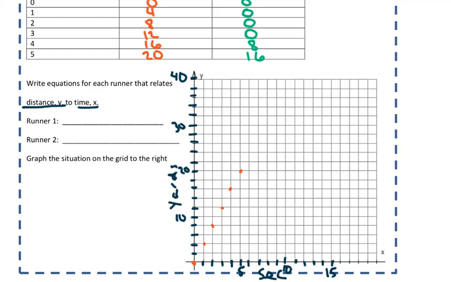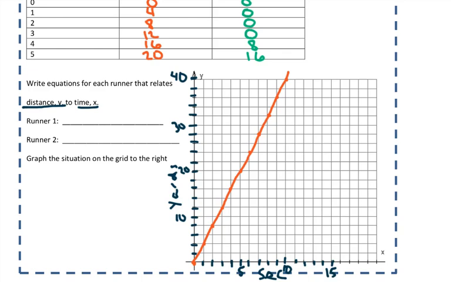So if I continue the race until he gets to the finish line, I would just continue those points all the way up to 40 yards. Alright, and he is moving continuously, so I'm going to go ahead and connect the dots. So that is the line for runner 1.